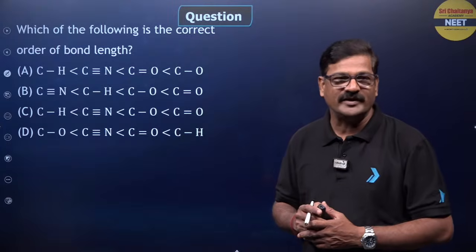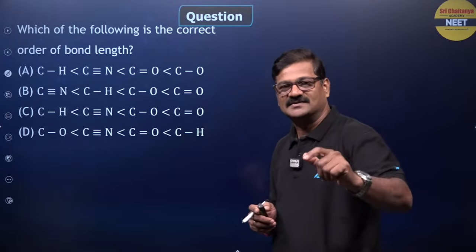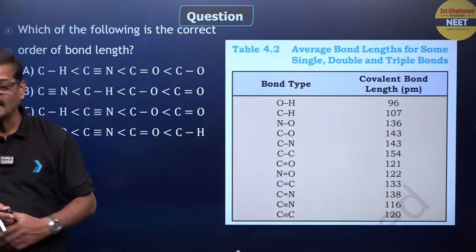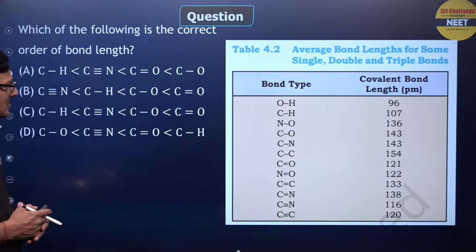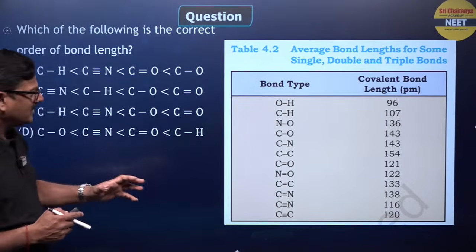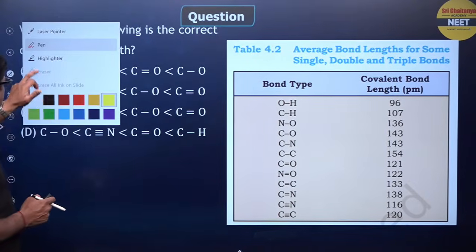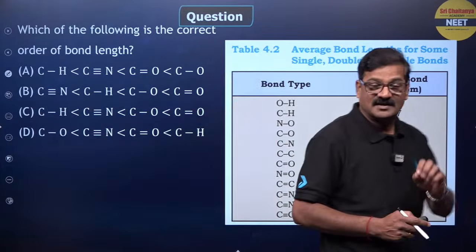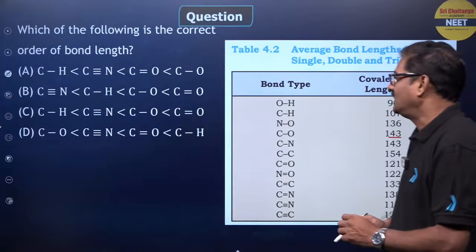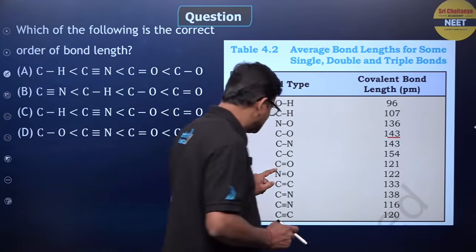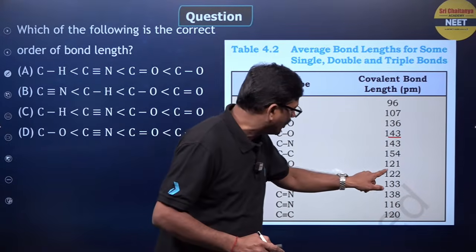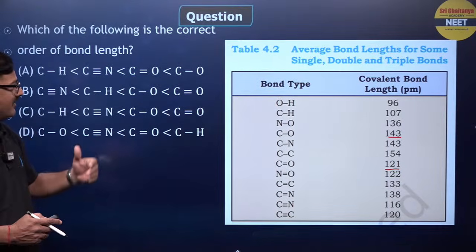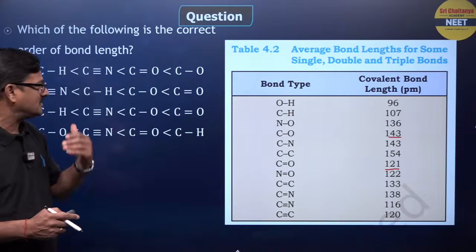So no jumbling mode here, and let us see the actual picture that is given in the NCERT. In this NCERT scenario, we can see carefully the carbon to oxygen single bond is 143, the longest, and the carbon to oxygen double bond is 121. So 143 is greater and 121 is shorter.